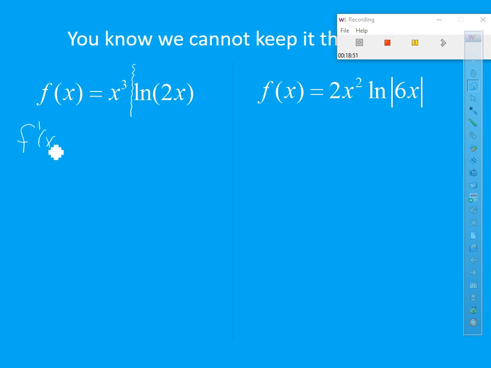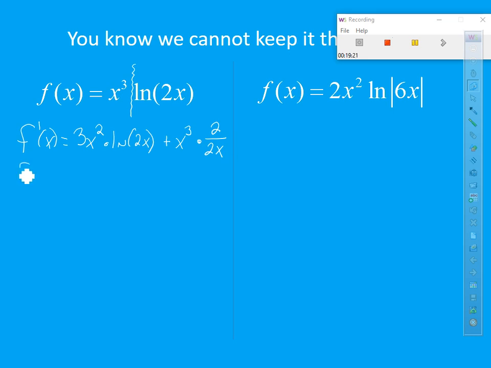I've got f prime of x is going to be the derivative of the first times the second plus the first times the derivative of the second. Well, the derivative of the natural log of 2x is going to be 2 over 2x.